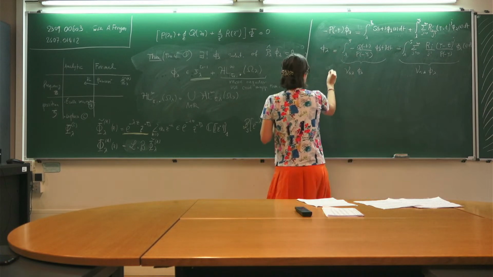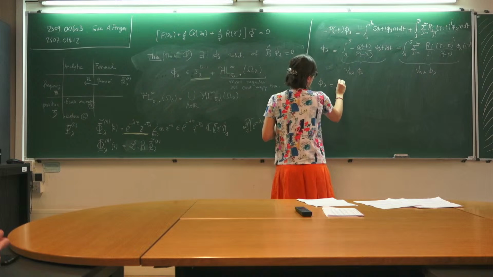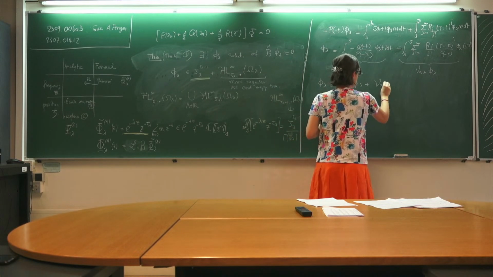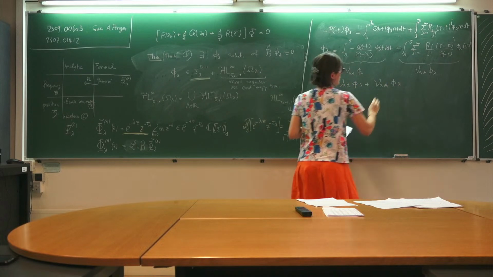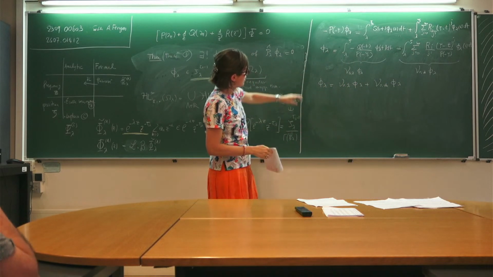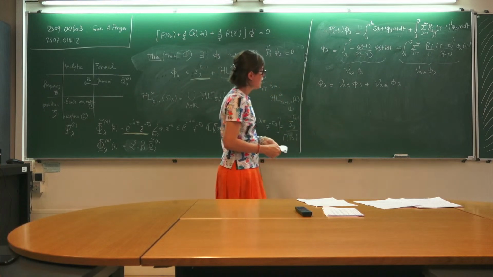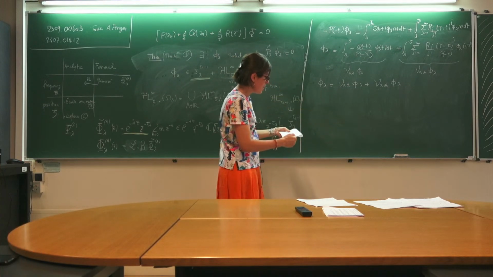So in particular, our equation looks like this. The equation for phi now, we can just rewrite it a bit more schematically this way.